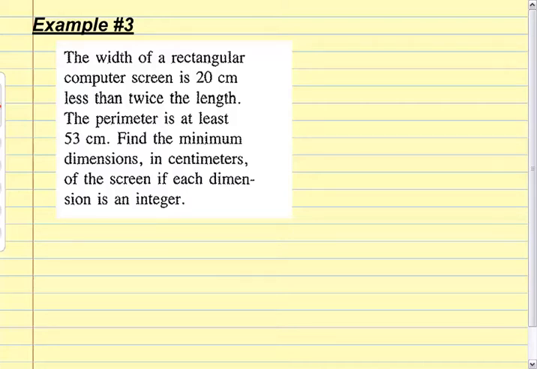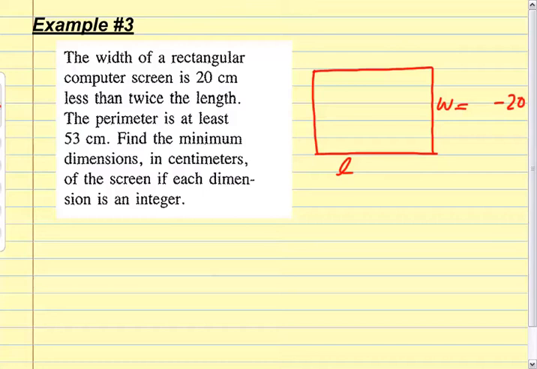Now I've read this problem. I know that it deals with a rectangular computer screen and the perimeter around it. Okay? So whenever I get something like that, I'm going to draw a picture. If I can draw a picture, I'm going to. And this rectangle has a length and it has a width. And it says that the width of a rectangular computer screen is 20 centimeters less than twice the length.